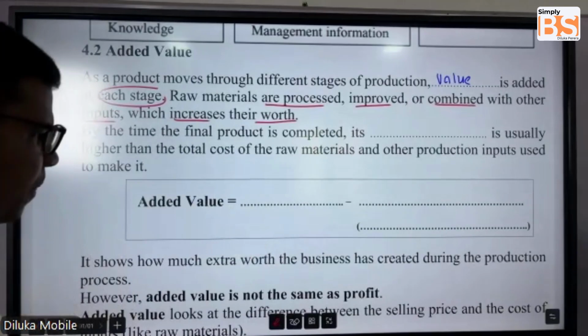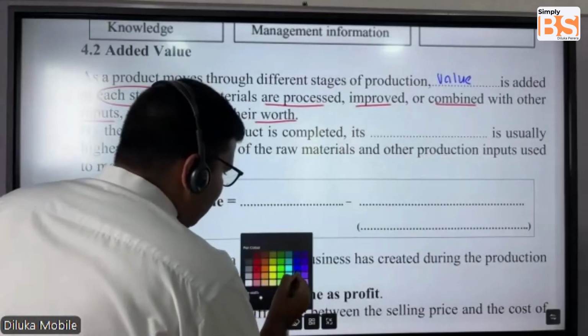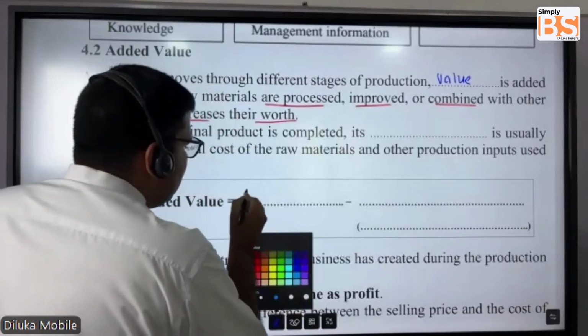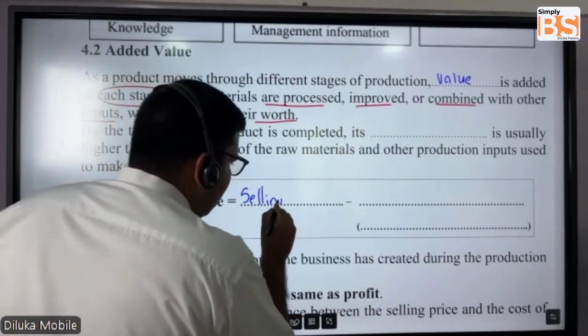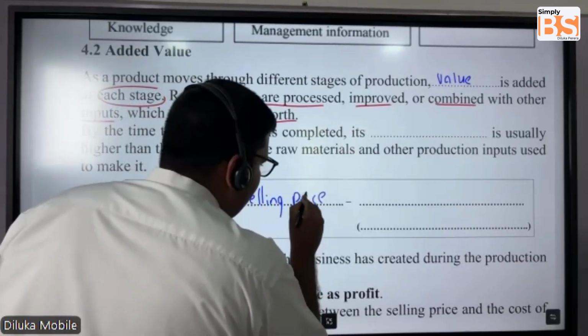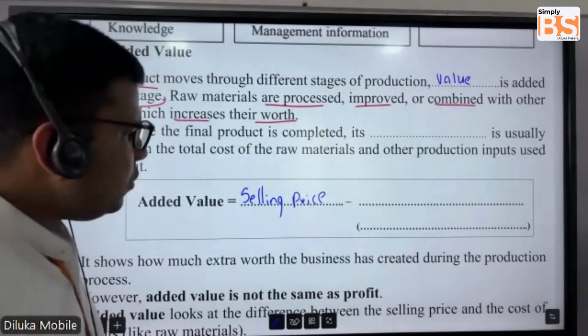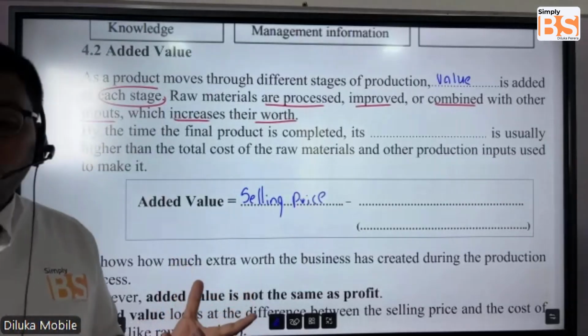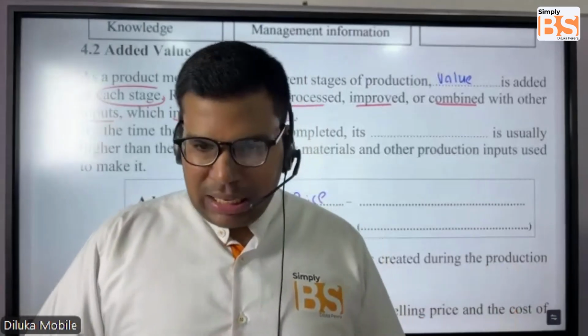You can also fill in with me. Added value is equal to the selling price of a particular product. Now we need to look at the amount of value which is being created.